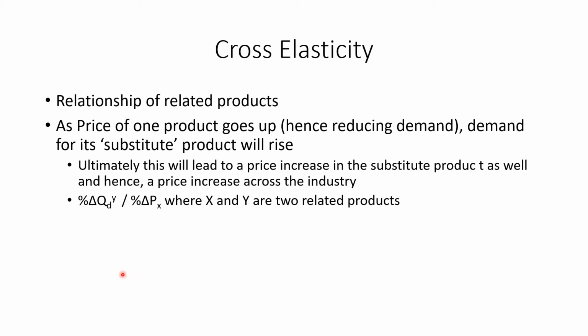So unlike price elasticity of demand, with cross elasticity you don't take the absolute value. You can actually end up with negative numbers. So a price decrease, which is a negative number in X, which will lead to a quantity increase, will lead to a quantity decrease in Y. So a price decrease in X leads to a quantity decrease in Y. That's substitute products. So if cross elasticity is positive, then they're substitutes. If cross elasticity is negative, then they're complements.